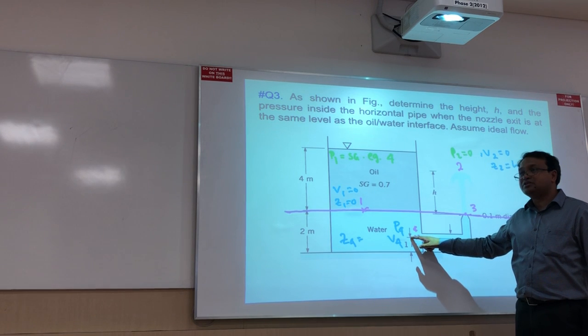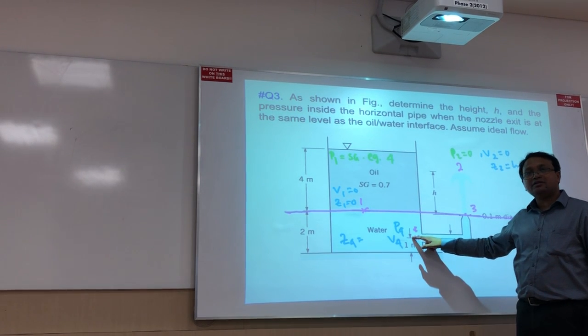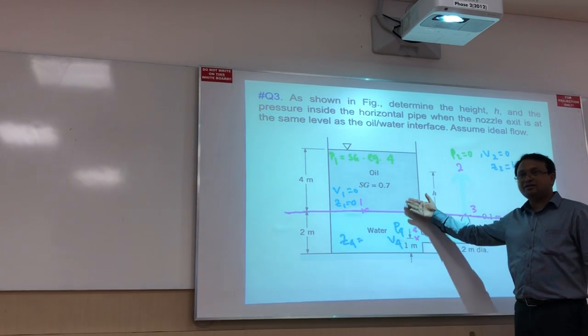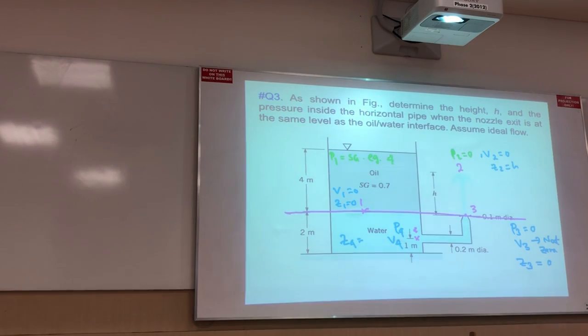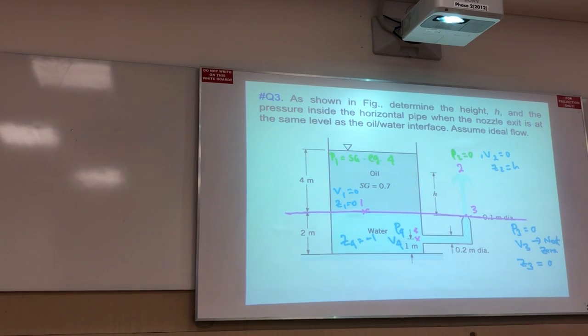From here to here is 1 meter. From here to here is 1 meter, right? Going downward is minus 1 meter. Then I can write Z4 is always minus 1. Okay, I choose everything here.